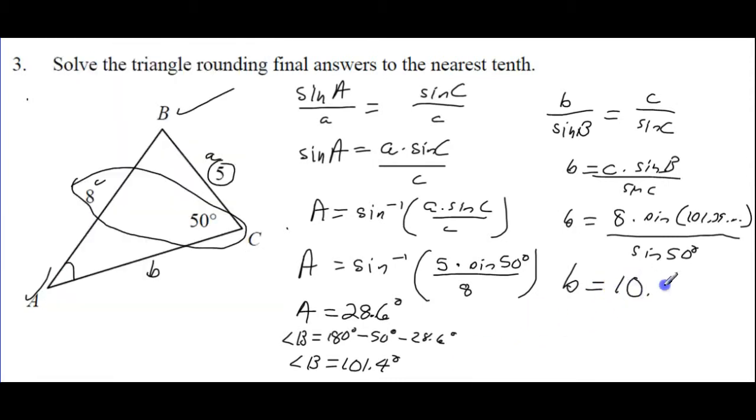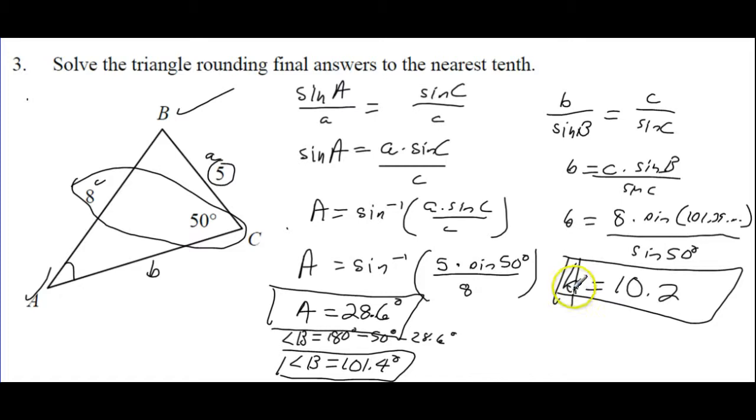So 10.2 units, because there are no units. This is not centimeters, so this will just be 10.2 units. And we have found the three quantities that we needed to, angle A, angle B, and side little b.